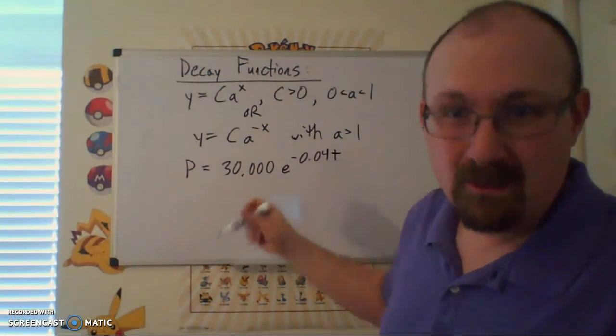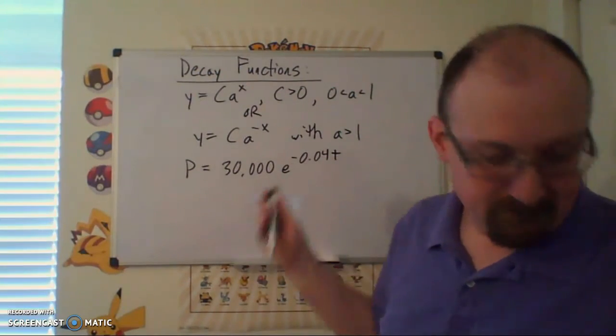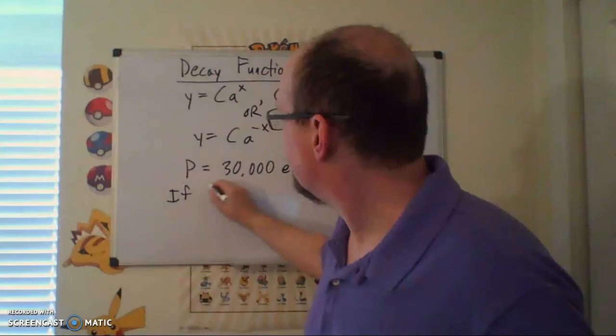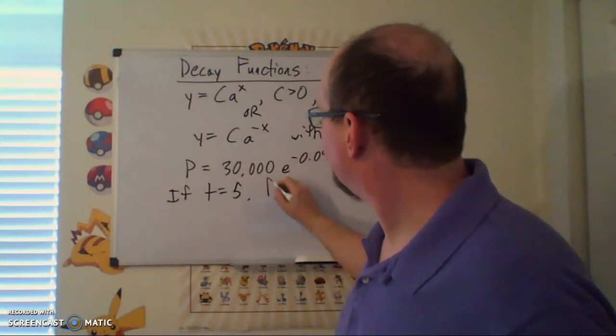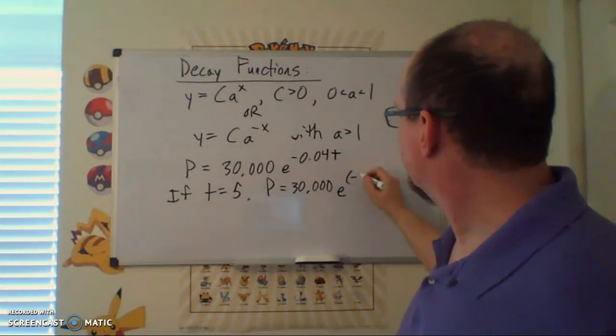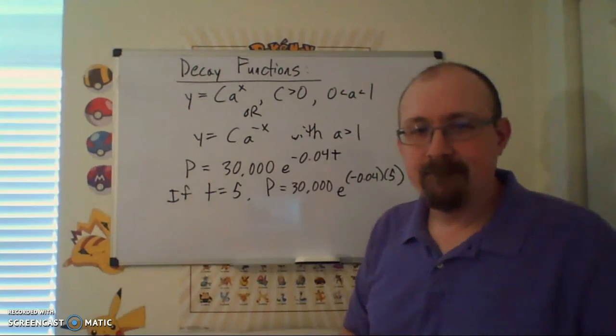If we let it sit there, what can it buy us a certain number of years down the line? That's what t is representing. So if it turns out t is 5, so e to the negative 0.04 times 5 again.